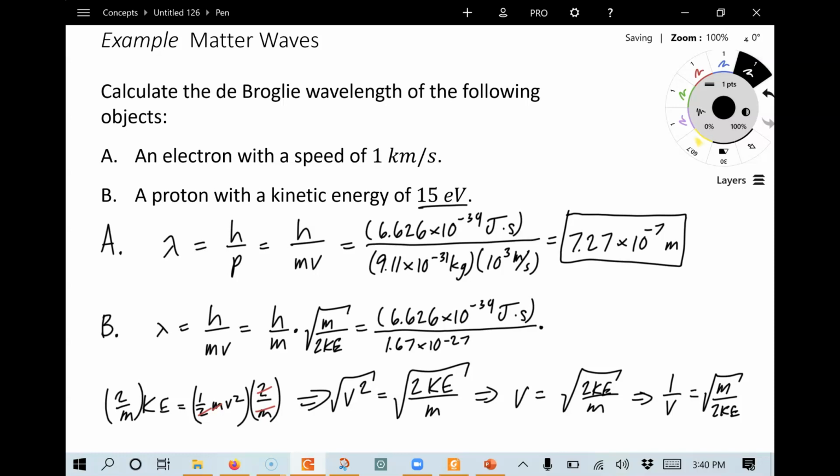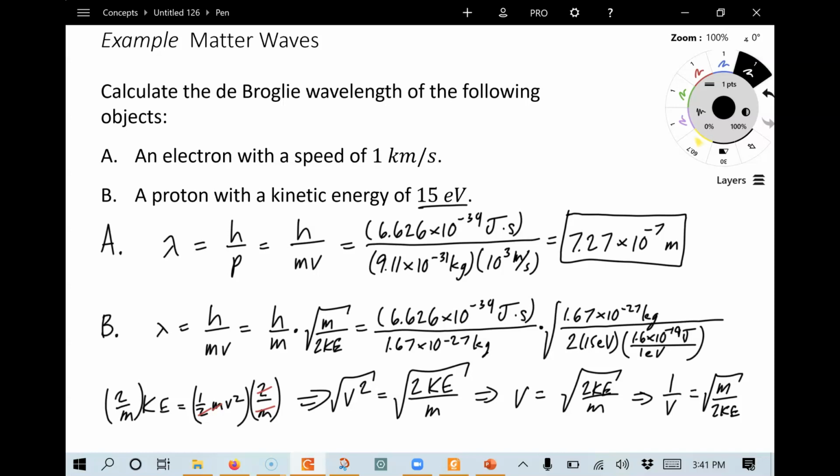Again, we've got the mass over here, 1.67 times 10 to the minus 27 kilograms, divided by 2 times the energy, 15 eV. We need to convert that to SI units. We recall that 1 electron volt is 1.6 times 10 to the minus 19th joules.